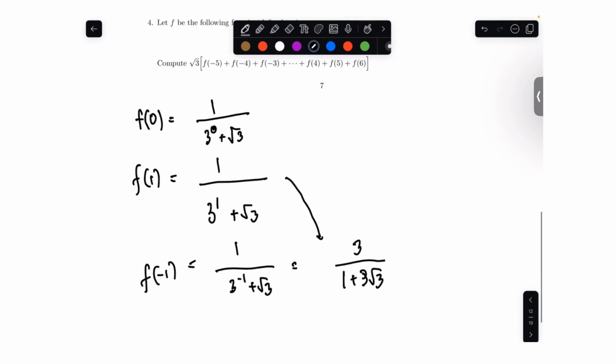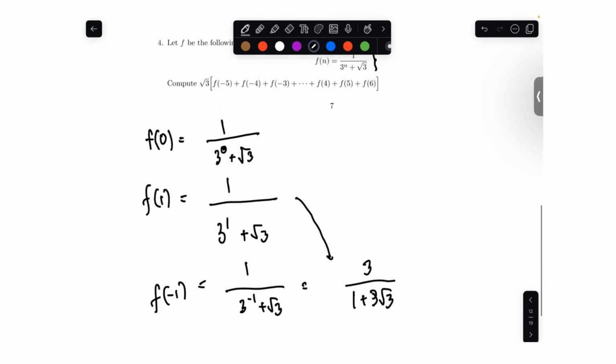So to simplify things, instead of -5 to 5 and 6, we simplified to -1, 0, and 1, this region. And we're trying to understand if there is really any pattern out there. Okay, so let's see. So this is 1 plus 1 root 3. So now if we take root 3 common, it will turn out to be again 1 plus 1 root 3.